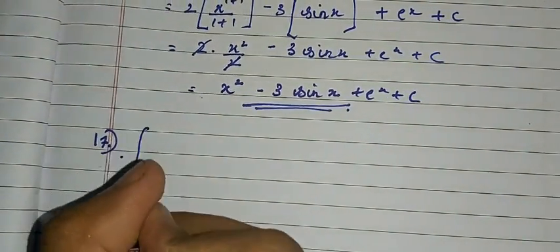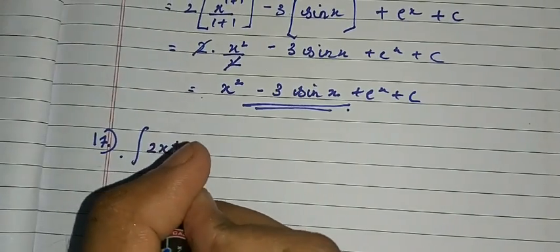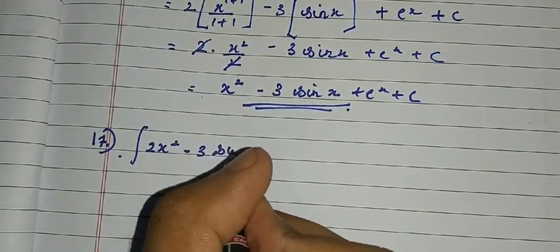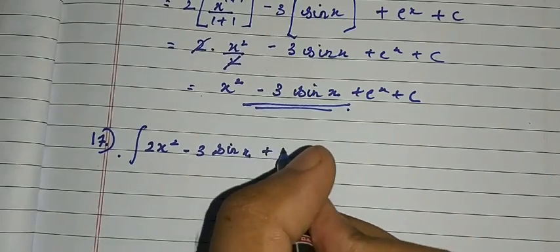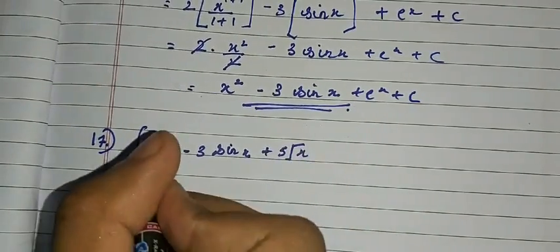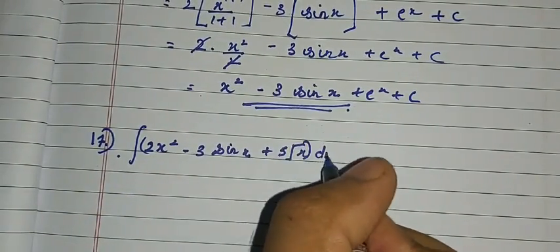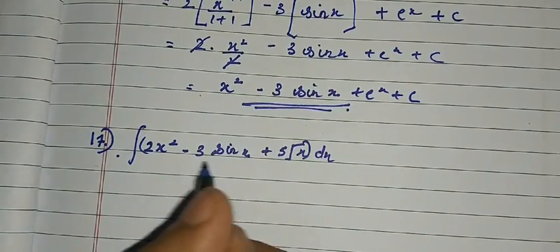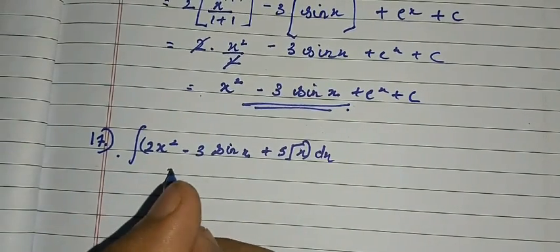17th question, integral of 2x square minus 3 sin x plus 5 root x dx. Here also we can split this because there is plus and minus sign in between.